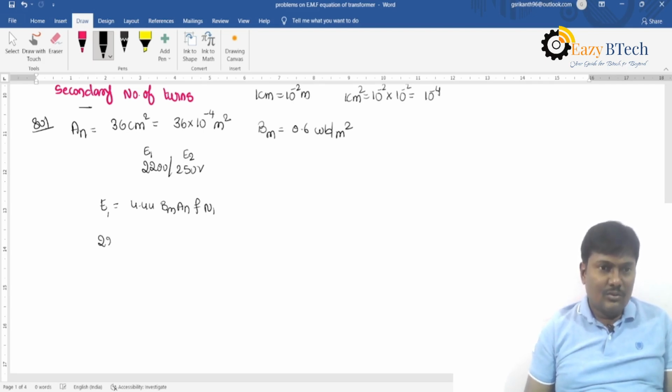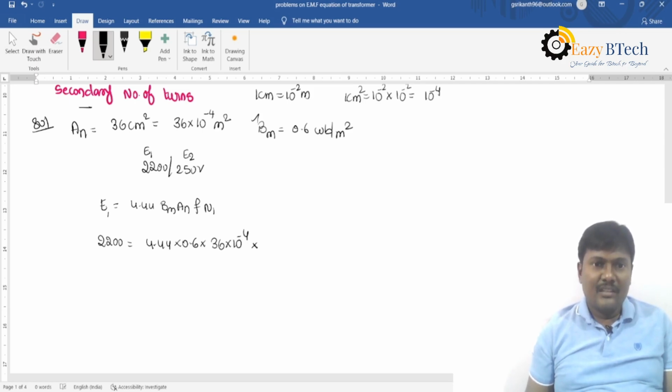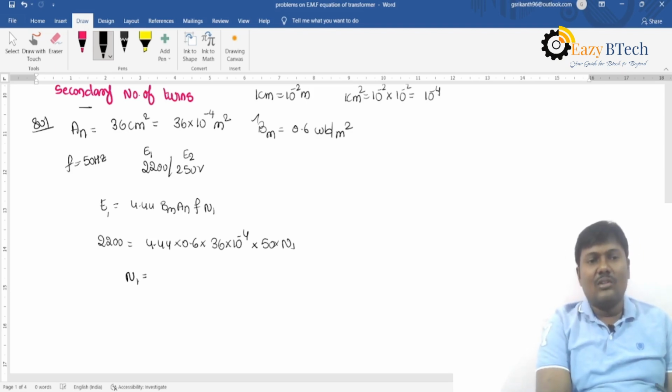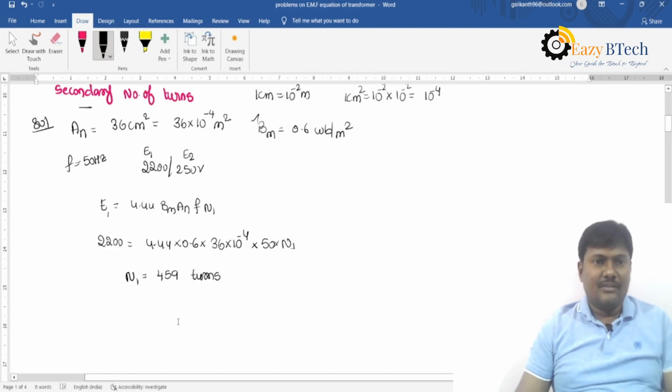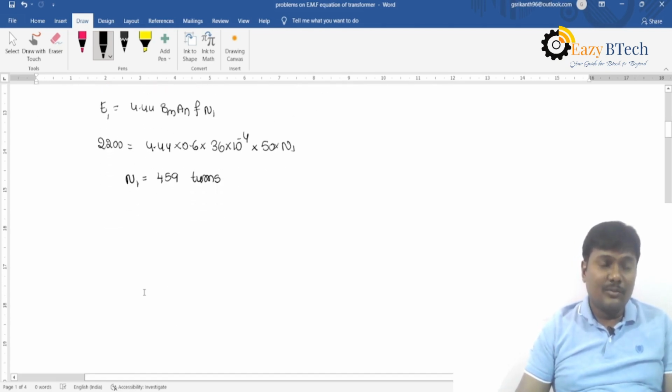E1 is 2200, Bmax is 0.6, the net cross sectional area is 36 into 10 to the power of minus 4, and the frequency is 50 Hz. We have to calculate N1. From this, I got N1 as 459 turns. The number of turns on the primary side is 459.